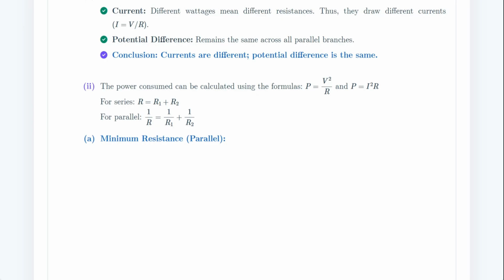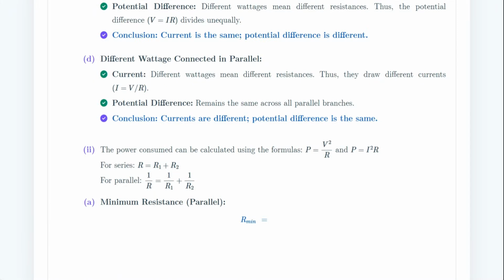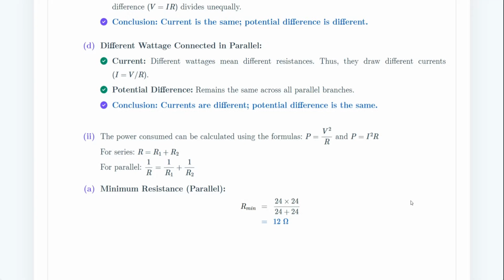To get minimum resistance, we connect them in parallel. Using the formula, R min equals 24 times 24 over 24 plus 24, which is 12 ohms.